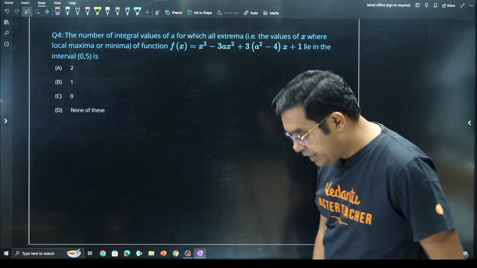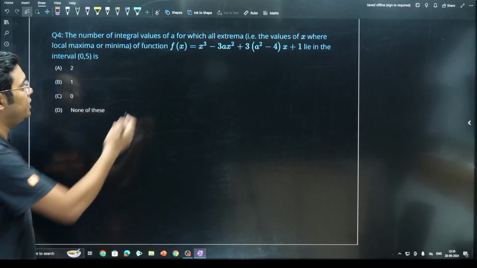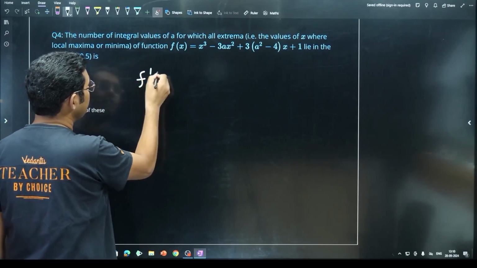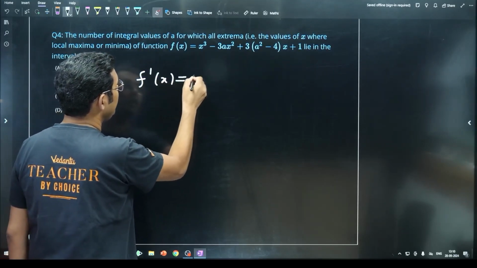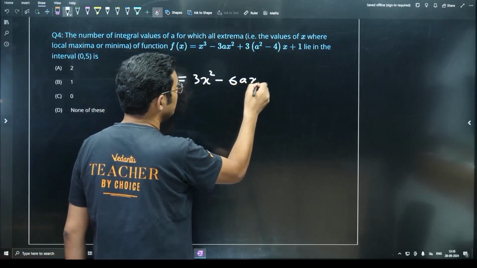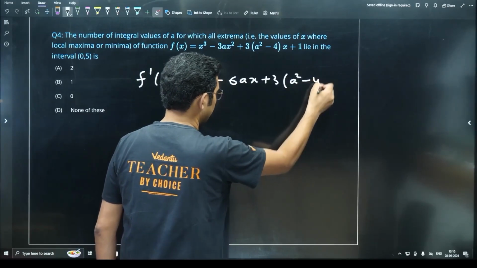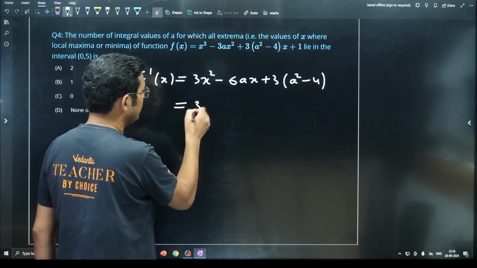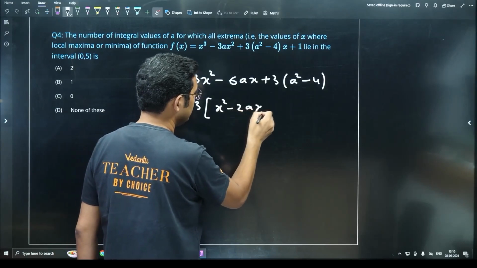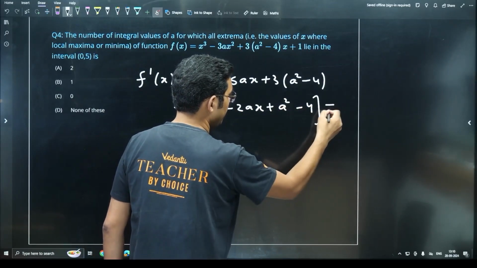Now whenever we are talking about maxima minima, we need to do the differentiation. In this case, f dash x will be equal to 3x square minus 6ax plus 3 into a square minus 4. We can take 3 common, so it will be x square minus 2ax plus a square minus 4 equal to 0.